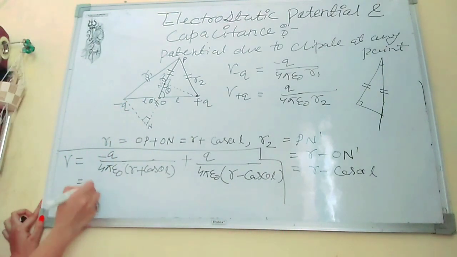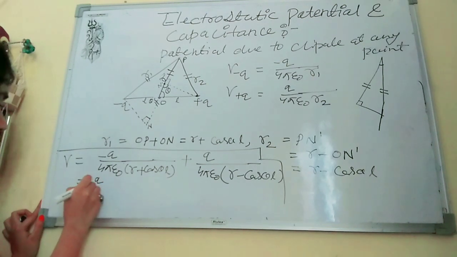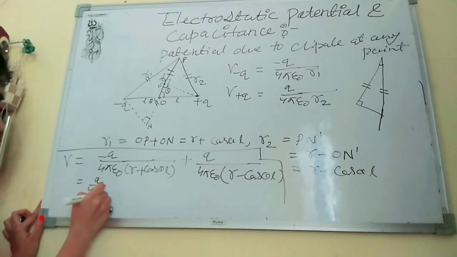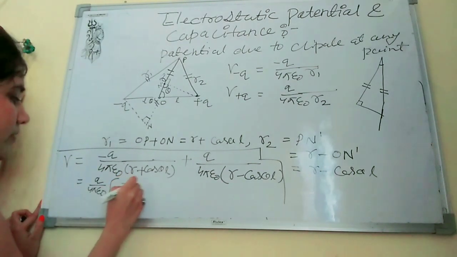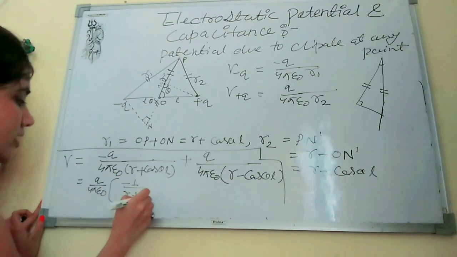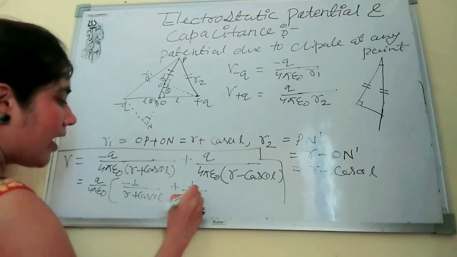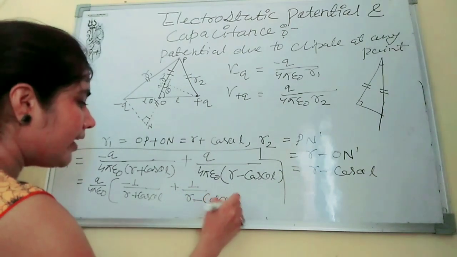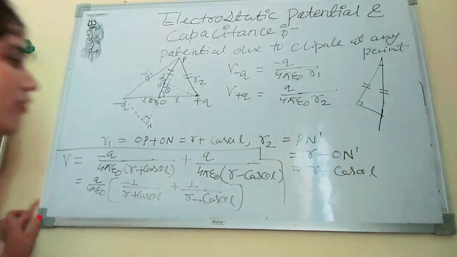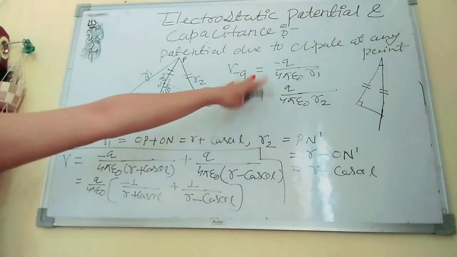Now we simply take Q upon 4 pi epsilon naught out of the bracket, then it will become minus 1 upon R plus L cos theta, and plus 1 upon R minus L cos theta. Okay, now we will solve it. To solve it, I am just rubbing this out.